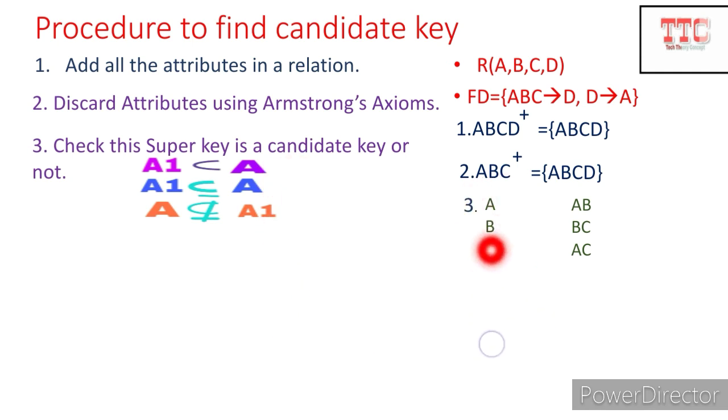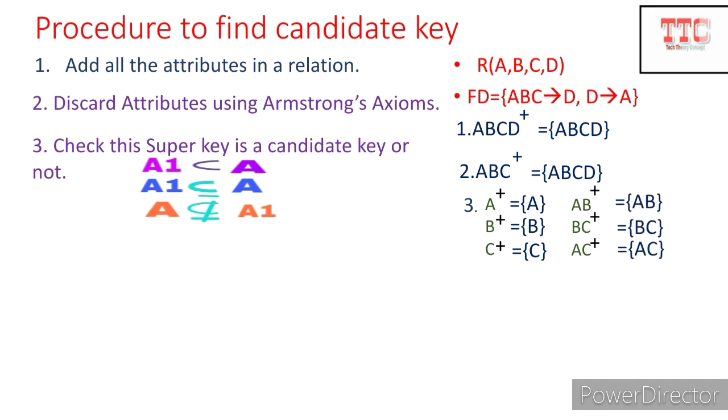Now we will find the closure of all these proper subsets. In the closure of A, B, C individually, we will get A, B and C. If we find the closure of AB, BC and AC, then we will get AB, BC and AC. So here we can say that the proper subsets of ABC are not super keys. So ABC will be a candidate key.